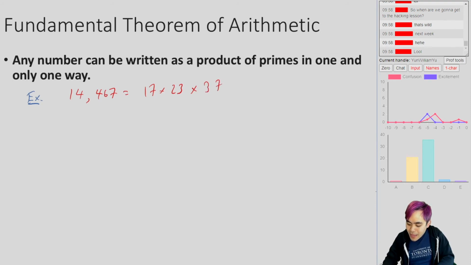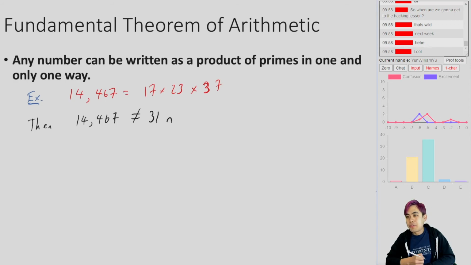So if you happen to know the prime factorization, then I can immediately tell you a couple things. I immediately know that 14,467 is not a multiple of 31, because of course 31 is prime.